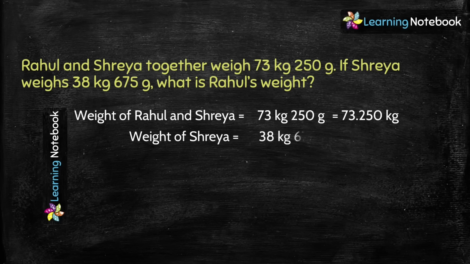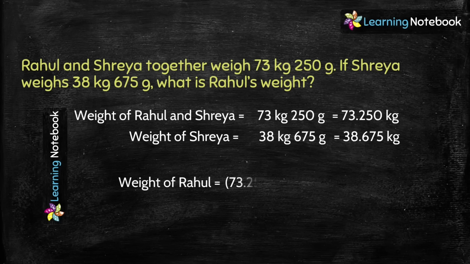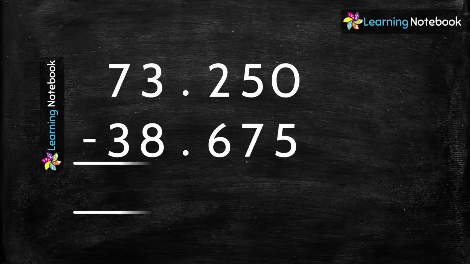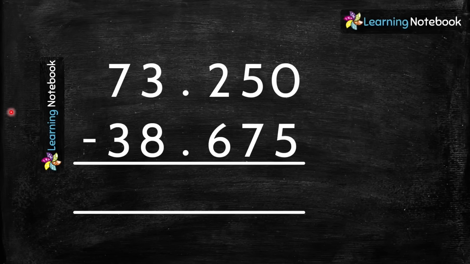Then we are given with weight of Shreya. 38 kilogram 675 gram, which can also be written as 38.675 kilogram. So to find weight of Rahul, let's subtract these two decimal numbers. So let's first write these numbers in column and then we will subtract the decimal part.